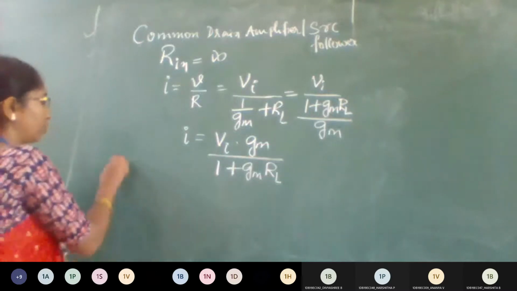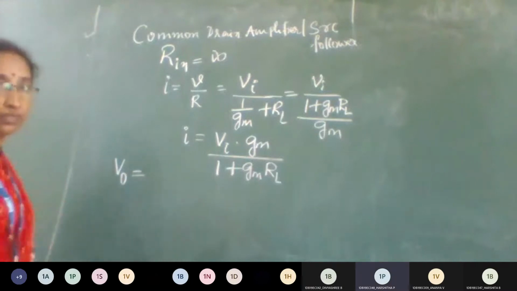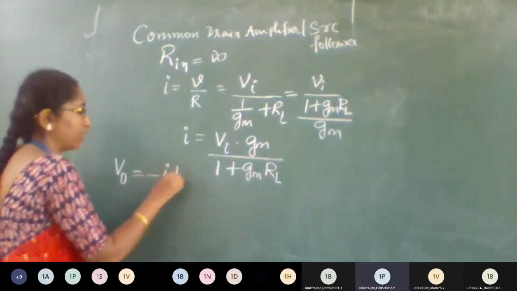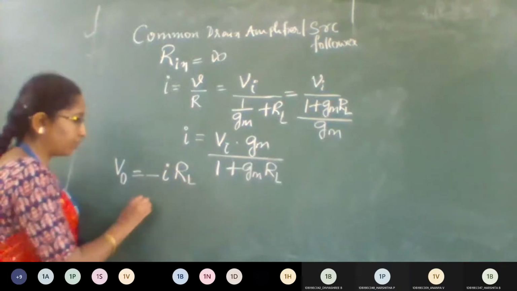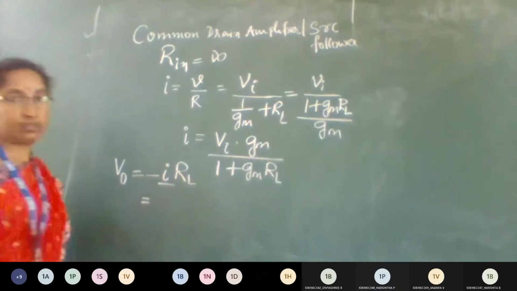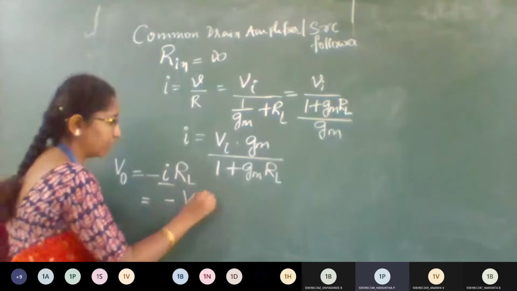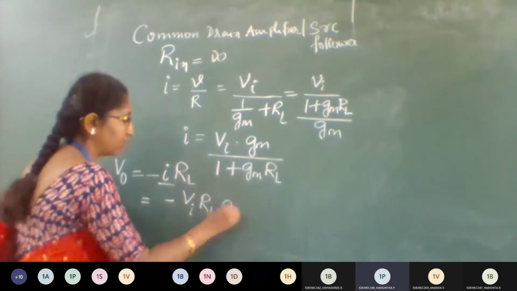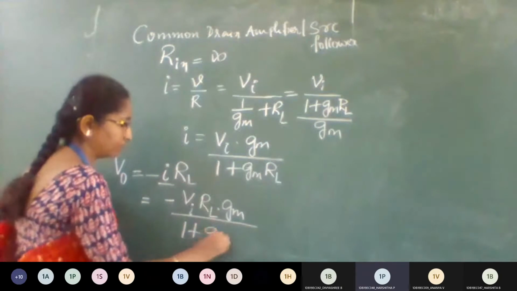What is the formula for output voltage? V naught is equal to minus I RL. Now substitute the value of I: minus Vi RL into Gm, divided by 1 plus Gm RL.